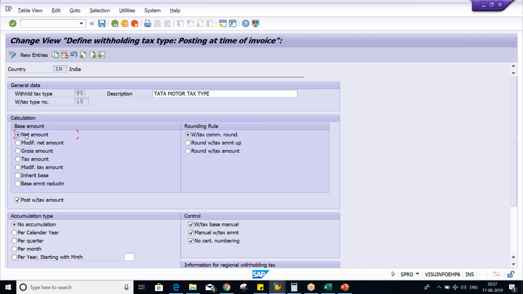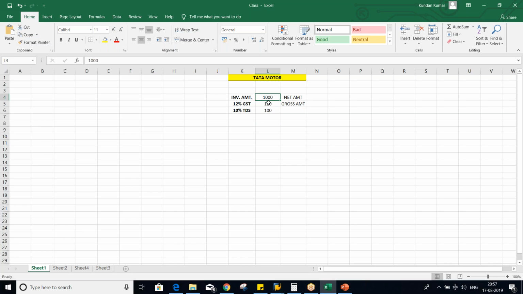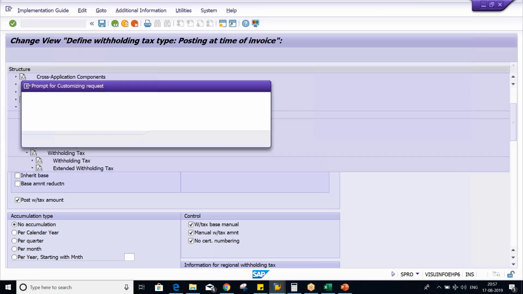Net amount means what, guys? As I said, invoice amount and GST. So here invoice amount only will be treated as net amount, and on that 10% deduction means 100 rupees, right? Now if you are going to change, make it gross amount and save it.